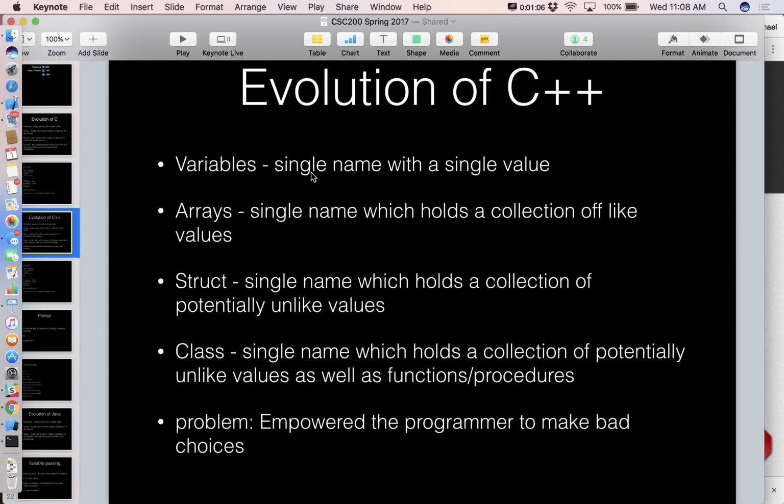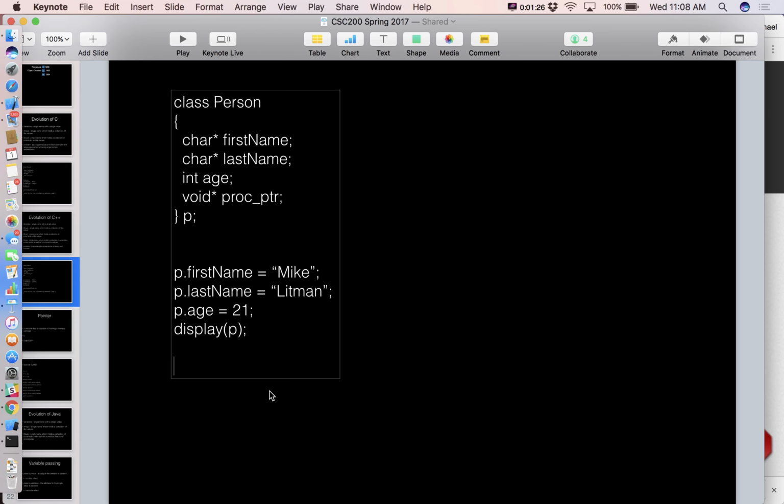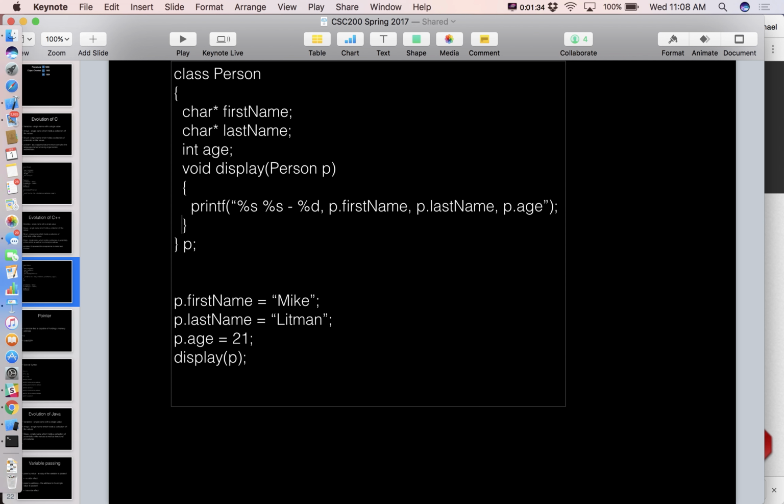So when we went to C++, they allowed us to put more stuff into a container, and it gave us the ability to hold something called a class. Now, we create something called a class, which is a lot like a struct, with the exception that now we can take a function like display, and we can put that inside of the class, where we were not allowed to do that with structs.